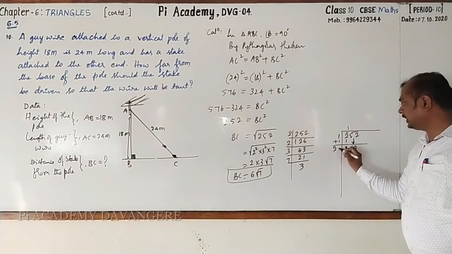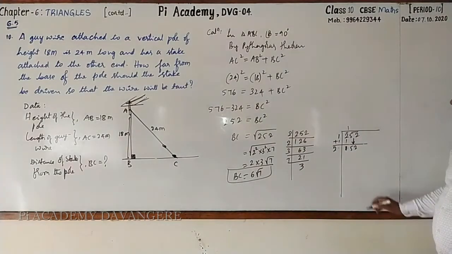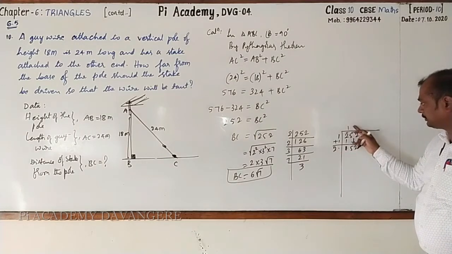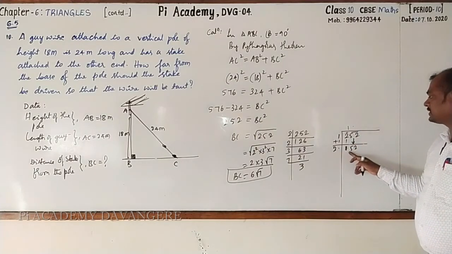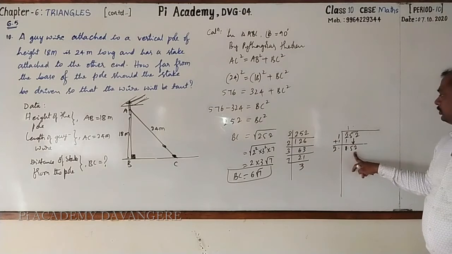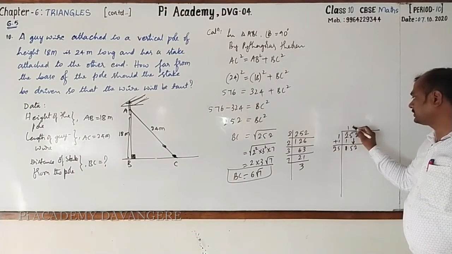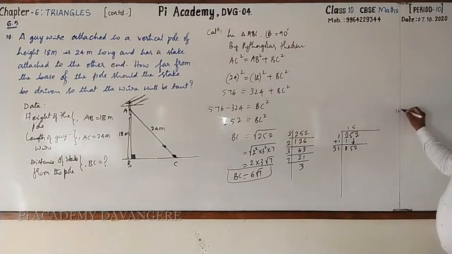Now you have to take a number here, and the same number should also be taken here such that on multiplying these two, it should be equal to or less than 152. Let's go for that. 5 5s are 25, 5 5s are 125.